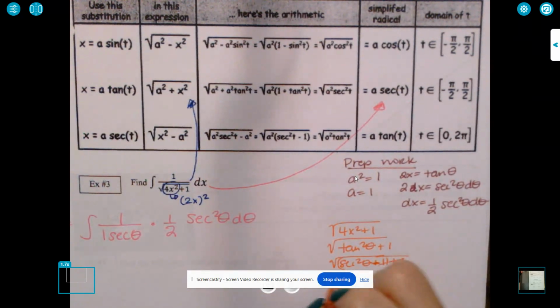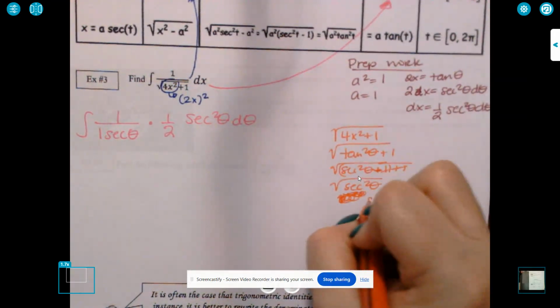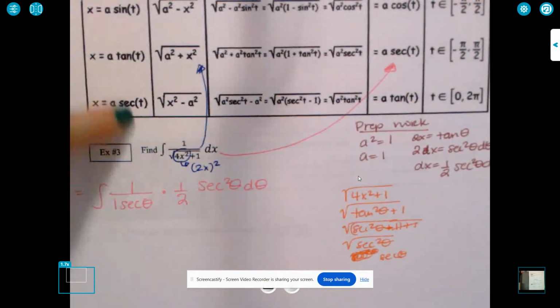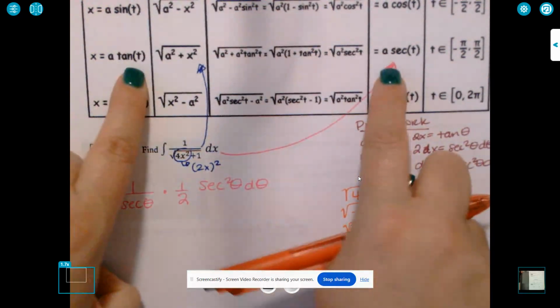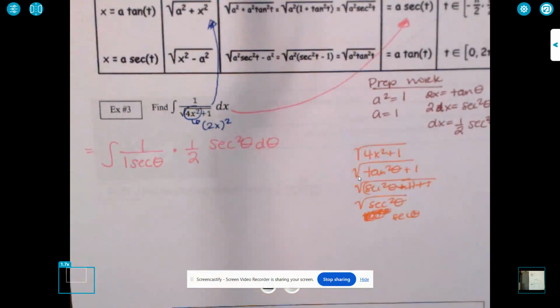Then the 1's cancel, which gave me just secant squared theta, which ends up being, y'all know I ain't got white out at home either. Messing me up. It's going to be secant theta. Okay, but again, this is the math for this, from here to here using your chart. Okay, just looking right here. We can go from here to here without having to do this math, just using our chart.